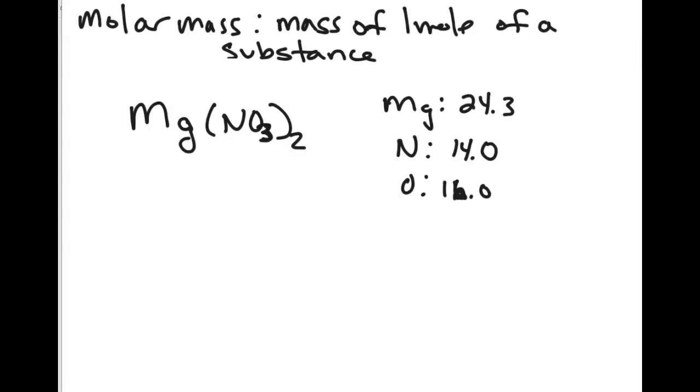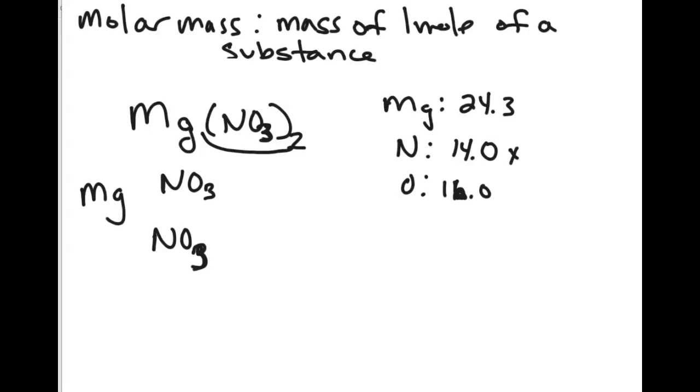Sorry, that 6 is terrible. So we know we only have 1 magnesium. But what this NO3 is telling us is that we've got our magnesium here, and then we have 1 NO3 and another NO3, which means we have a total of 2 N's and a total of 6 O's.